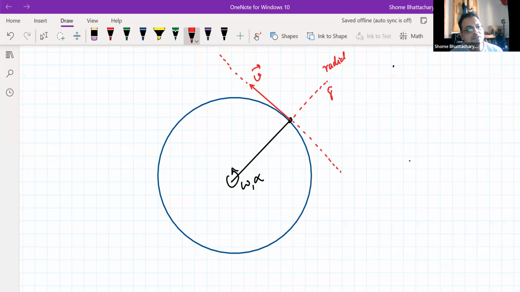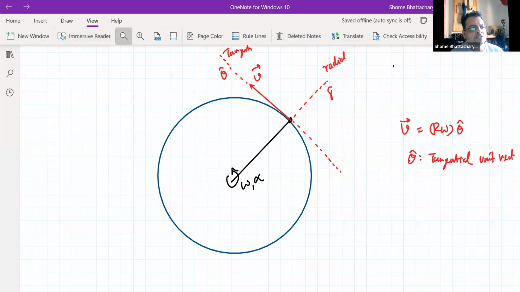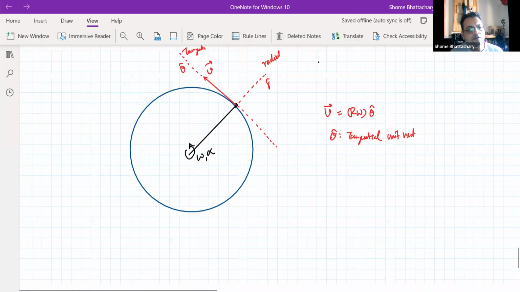This is r cap and this is the tangential axis. So the instantaneous velocity is r omega theta cap, where theta cap is the tangential unit vector. And hence we have the relationship between speed and angular speed, v is equal to r omega, that kind of thing.